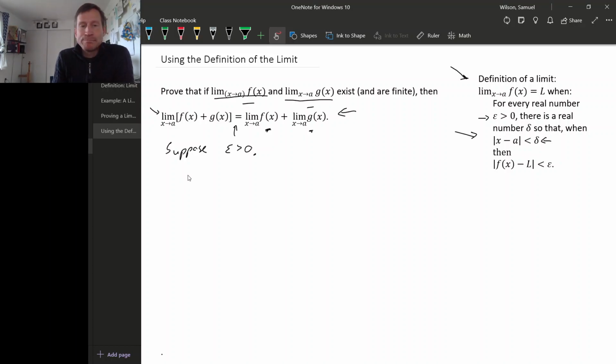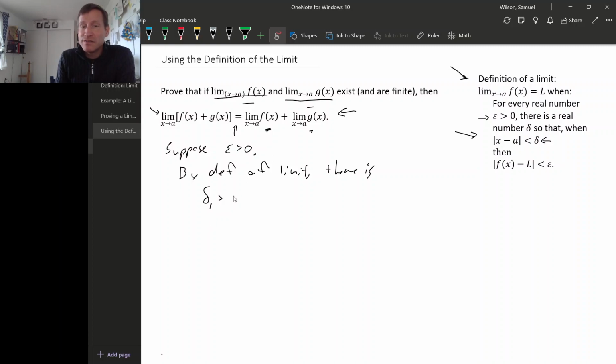So by the definition of the limit, there is some delta. We're going to have two deltas floating around, one for f and one for g. I'm going to call this one delta 1.